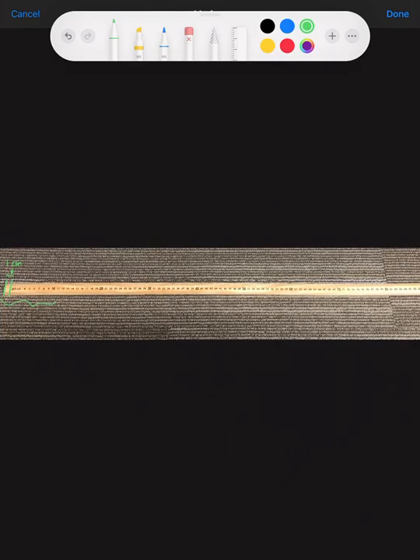So let's use a different color here. 1 decimeter, 2 decimeters, 3 decimeters, 4 decimeters, 5 decimeters, 6 decimeters, and here's the 7th decimeter.